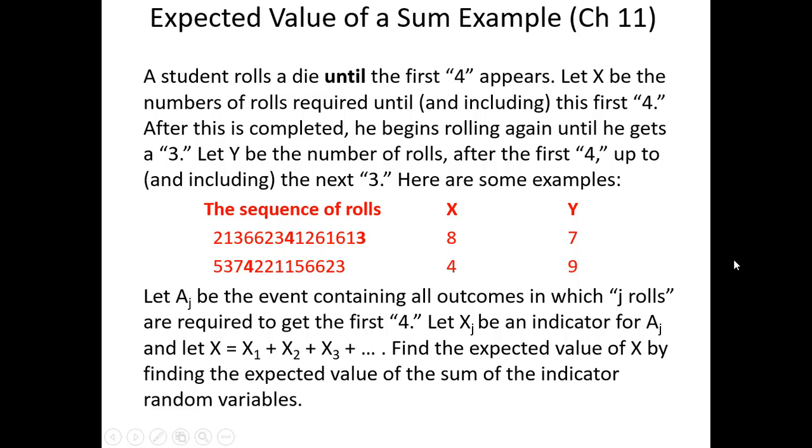Suppose that a student rolls a die until the first 4 appears. Let's let X be the number of rolls required until and including the first 4. After that part of the process is completed, he begins rolling again until he gets a 3.